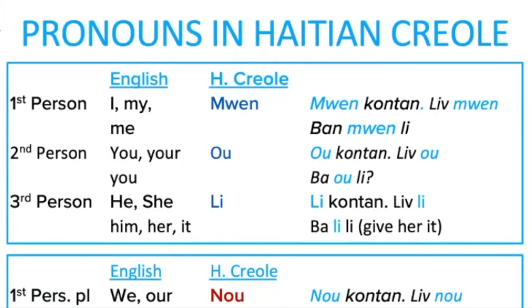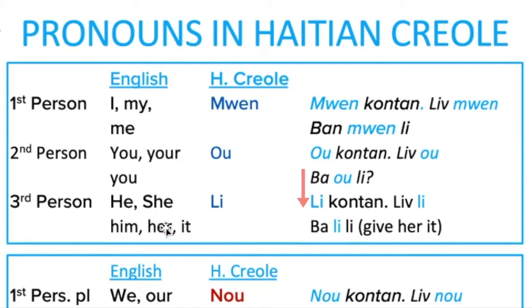All right, now the third person. The third person is li. That stands for he, she, and him, her, or when it's a complement, and then it. Example: li content.